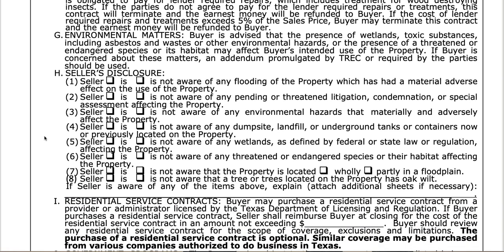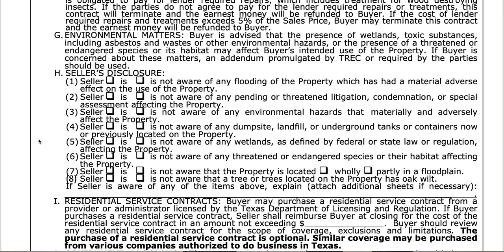Seller's disclosure. This is one part of the contract that goes out. Seller is or is not aware of any flooding of the property which has had a material adverse effect on the use of the property. Seller is or is not aware of any pending or threatened litigation, condemnation, or special assessment affecting the property. Seller is or is not aware of any environmental hazards that materially and adversely affect the property. Seller is or is not aware of any dump sites, landfill, or underground tanks or containers now or previously located on the property.